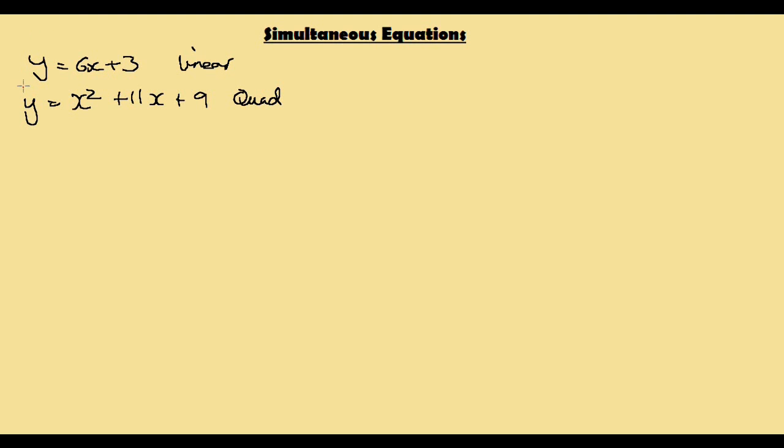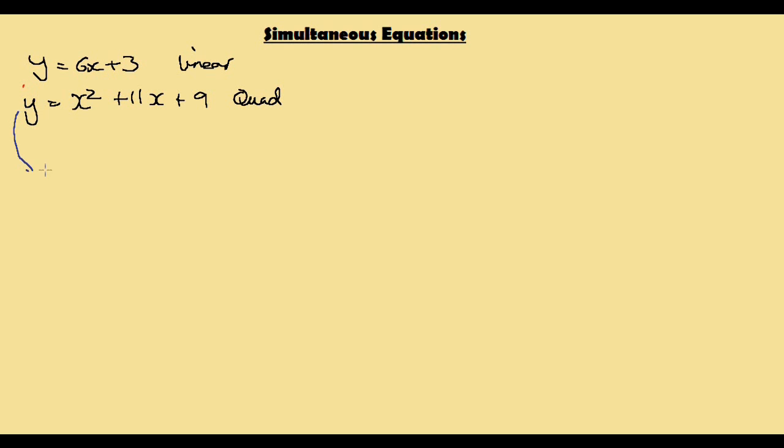Let's have a look. In fact, what I'm going to do is use the substitution method so you get an idea of how that one works as well, just as a recap. Again, this y is equal to 6x plus 3. So wherever there's a y in the other equation, we can change it for 6x plus 3.